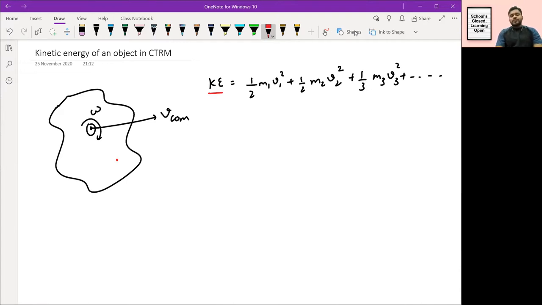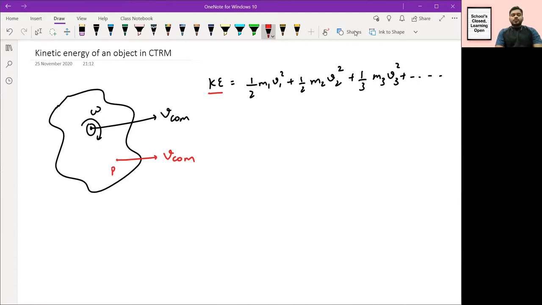So let's get started. Suppose we have a point P and this point is moving with velocity Vcm. Obviously, every single point in this object will be moving with Vcm. How do we know that? In combined translation and rotational motion, we take the translation separately and rotational separately. When we combine these translation and rotation, we get the net motion of any particle.